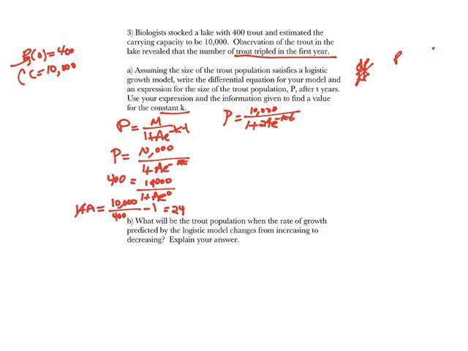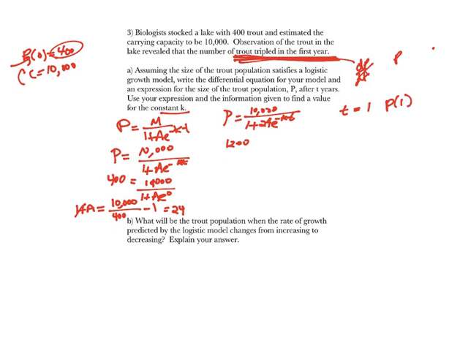All right, so now I have to find k. Well, they do tell me something else, and that's the population tripled in the first year. So if we start with 400, tripling would mean we'd have how many? Well, 3 times 400 would be 1,200, and that would be when t equals 1.